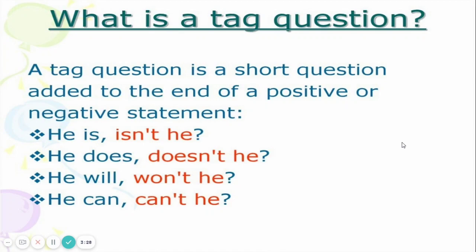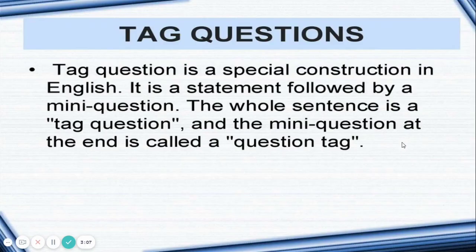Next, the third one: "he will", "won't he?" Then "he can" is a positive statement, and "can't he" is a negative statement. So question tags are short questions that we ask at the end of a statement. A question tag is a special construction in English.